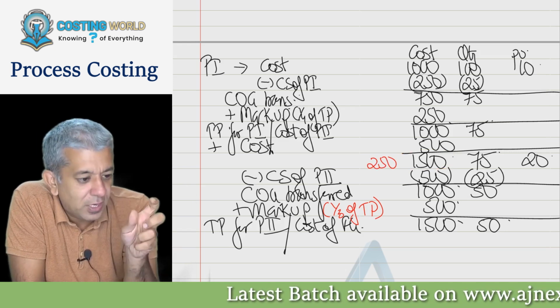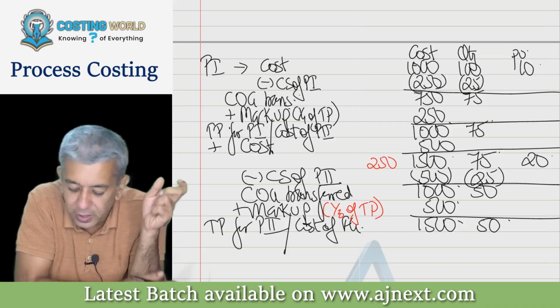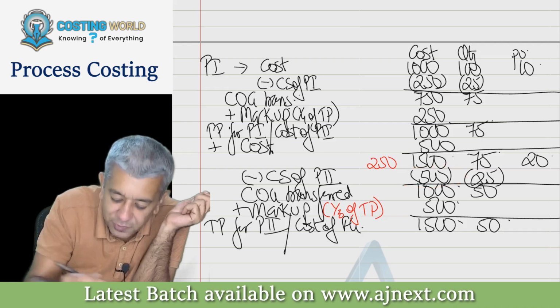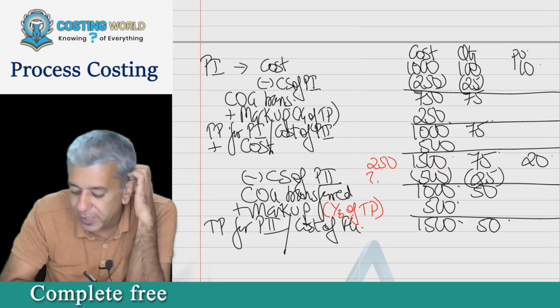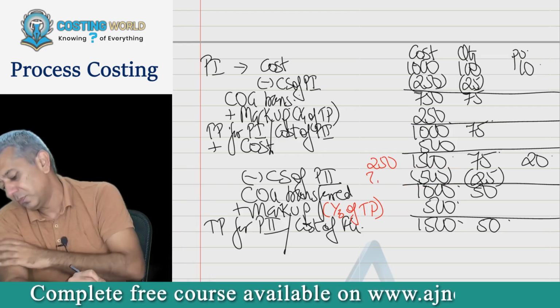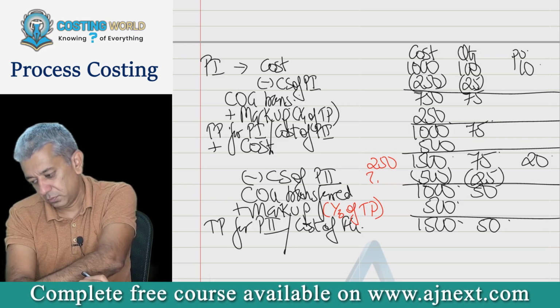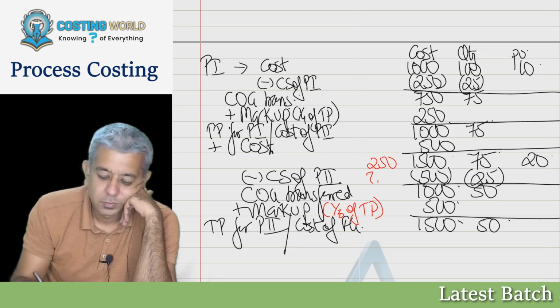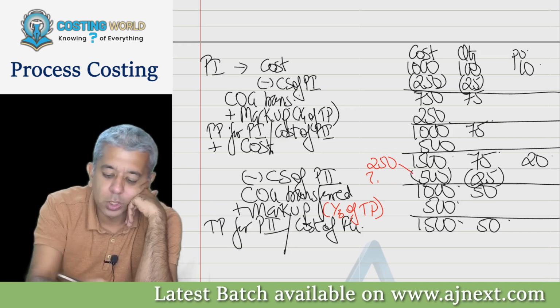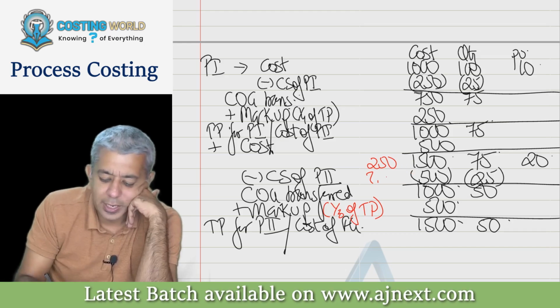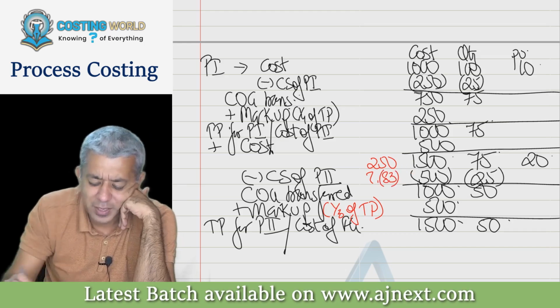Yes. So if 1500 has a profit of 250, 500 has a profit of how much? Cross multiply, compute. 83.33. I'll take that as 83.